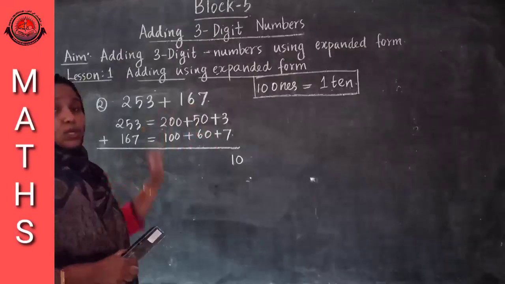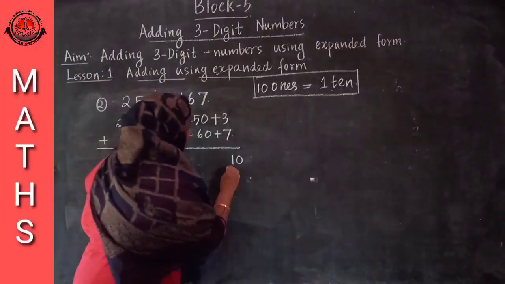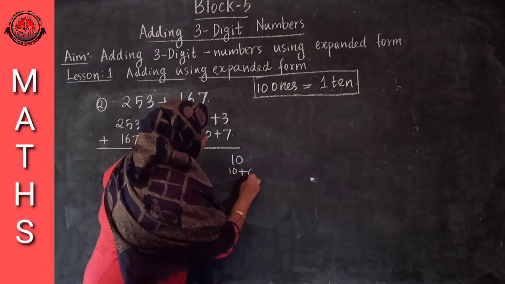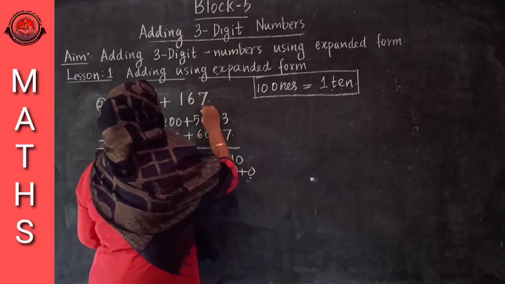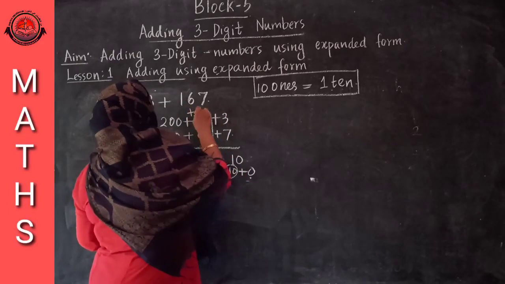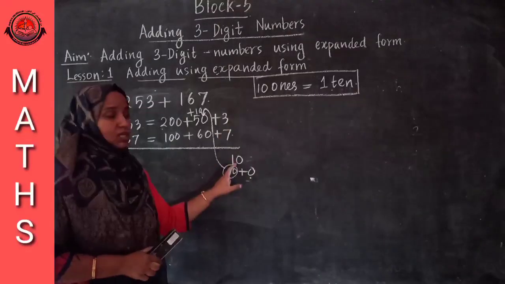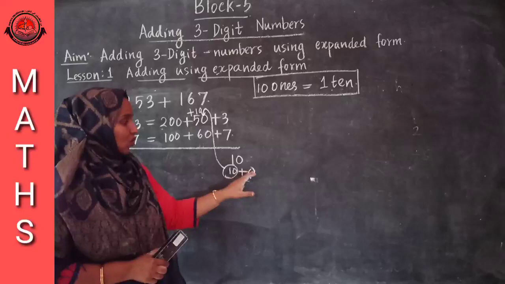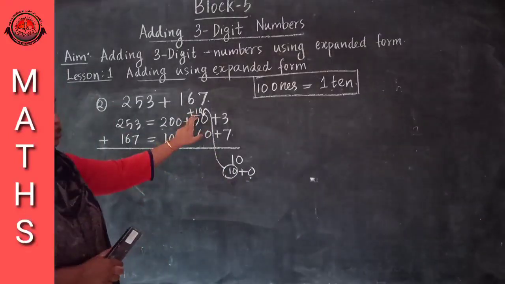We have to regroup it to here. We know that 10 is equal to 10 plus 0. So I am going to regroup this 10 to here, plus 10 is here. And only 0 remains here. And this 10 I regrouped into here.